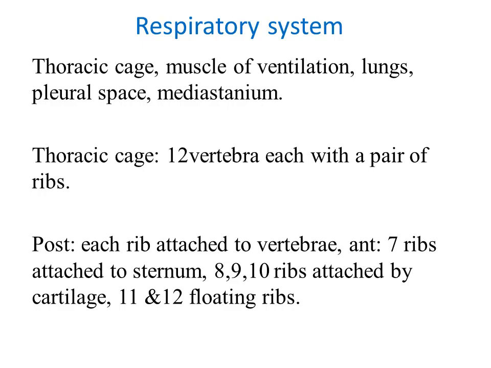Thoracic cage, muscle of ventilation, lungs, pleural space, all of these included within the mediastinum. The thoracic cage contains 12 vertebrae, each with a pair of ribs. زوج من الضلوع على left or right. The posterior part, each rib attached to a vertebra.